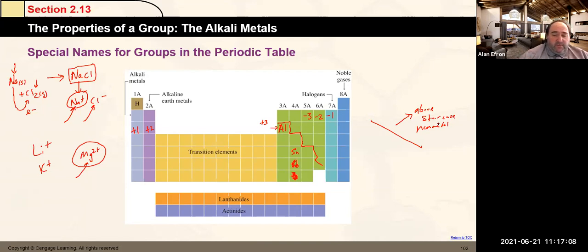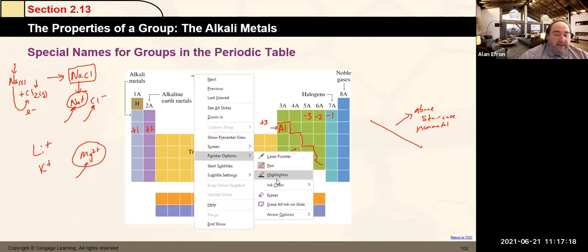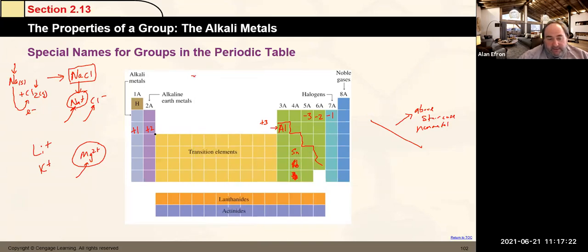Now, our transition metals typically can make a variety of charges, so they can have variable charges in our transition metal region.